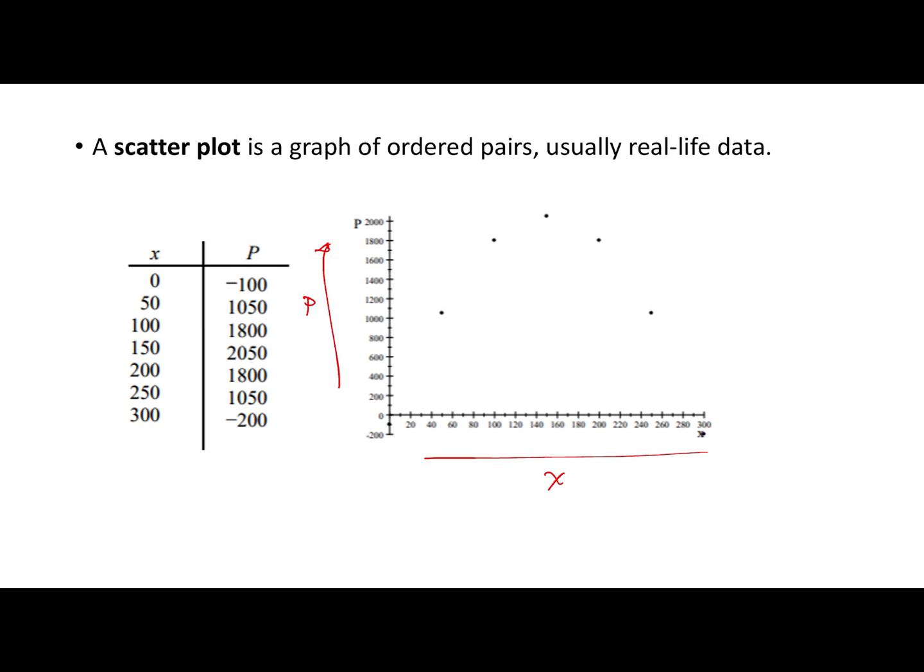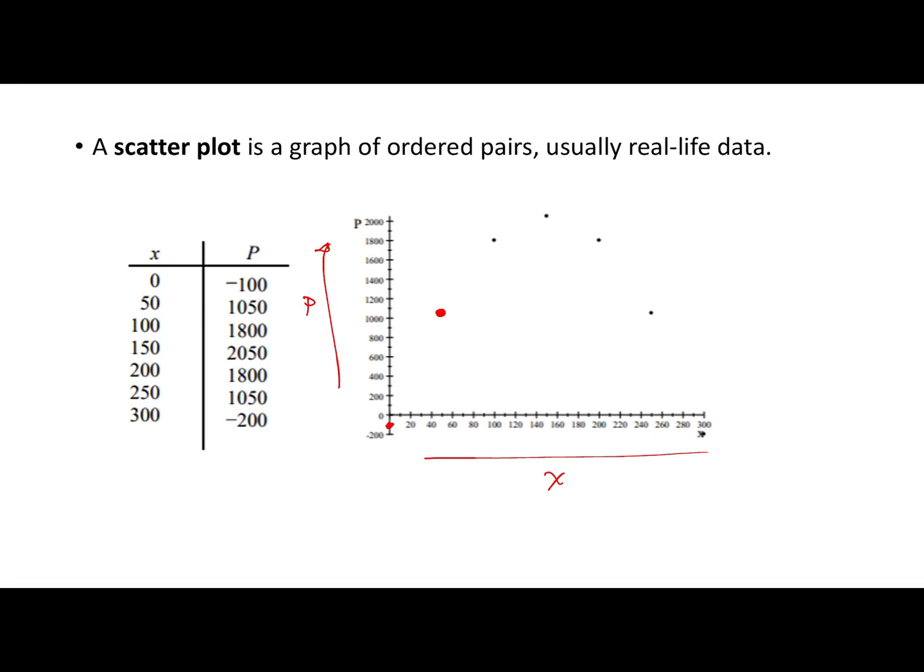So if x is 0, the p value is negative 100. You went nowhere on the 0, did not move on the x-axis. If we go to the x-axis of 50, then p should be 1050. Scatter plots are just points that appear on the graph, and they might look like random points, but you just keep plotting.